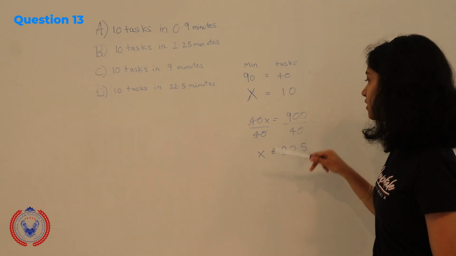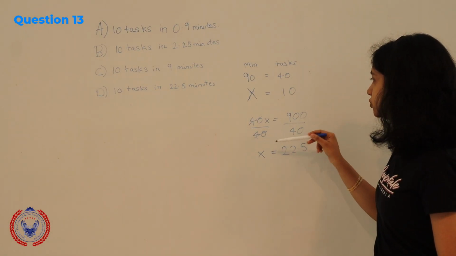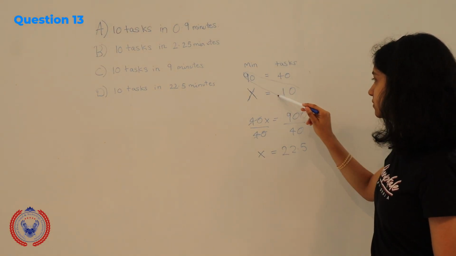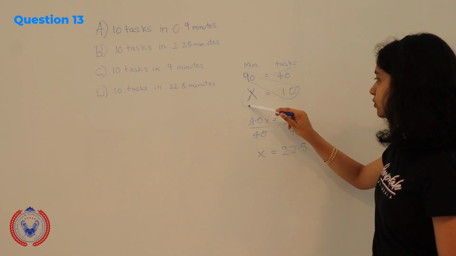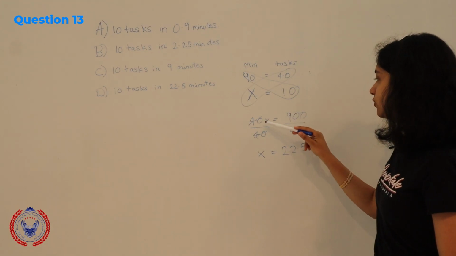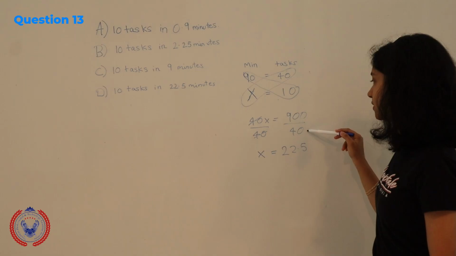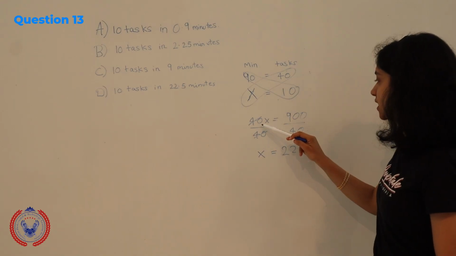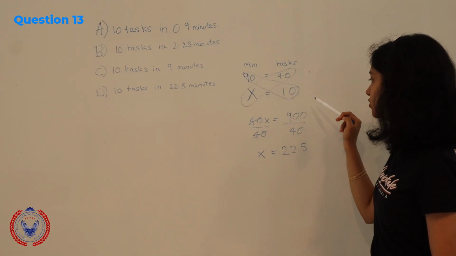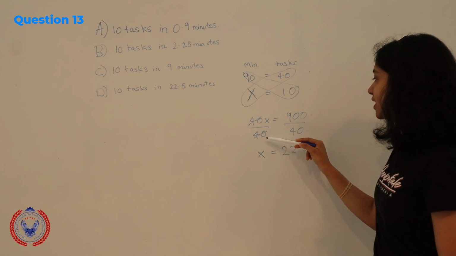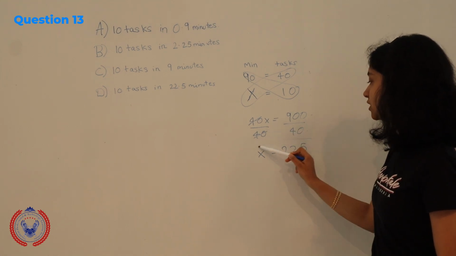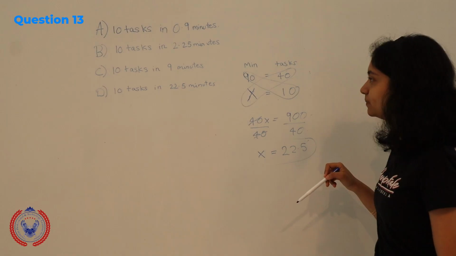Okay, this is easy. I would cross multiply 90 times 10 and 40 times x. So 40x equals 900, because 90 times 10 would be 900. So I could divide by 40 on both sides, and my x would be 22.5.